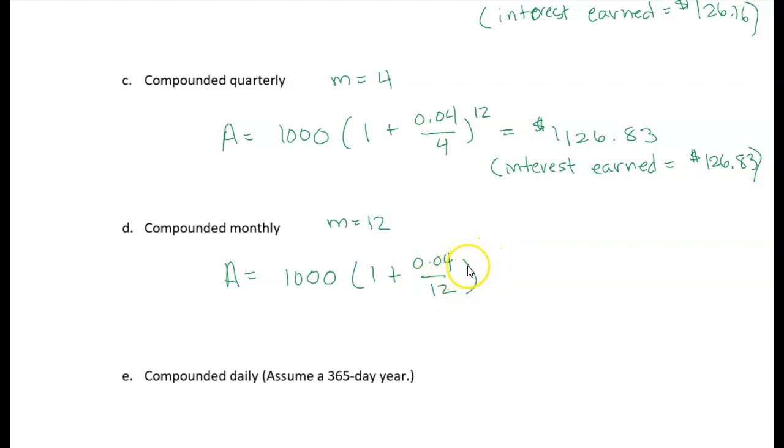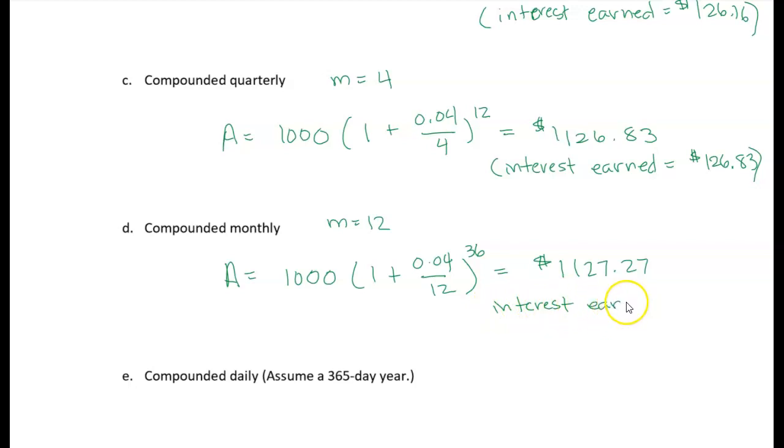But we've got more conversion periods: 12 months per year for 3 years is 36 conversion periods over the whole term. So let's put that into our calculator. We get $1,127.27.